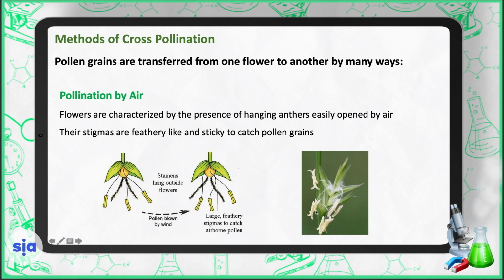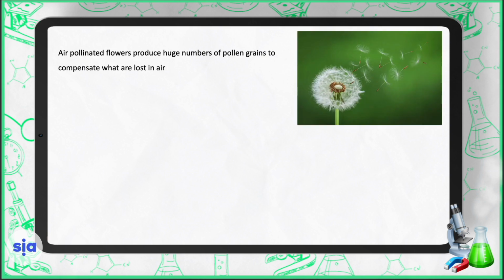These are hanging anthers, easily opened by air, and their stigma are feathery and sticky to catch pollen grains. Air-pollinated flowers produce huge numbers of pollen grains to compensate for what is lost in air. And pollen grains are light in weight, dry, and can be easily carried by air currents.